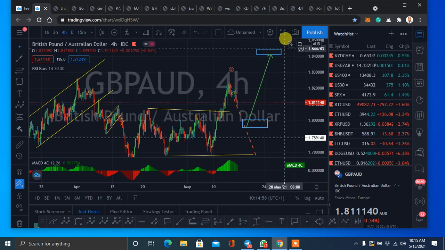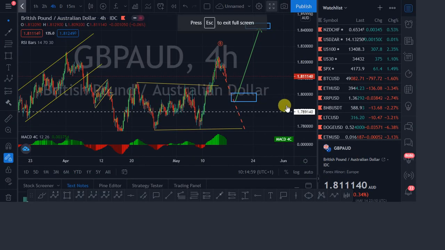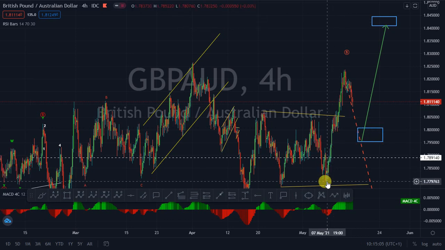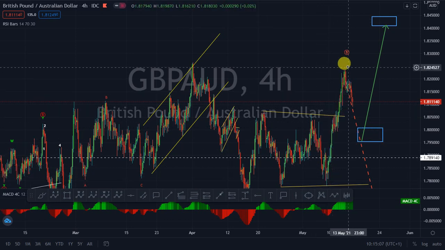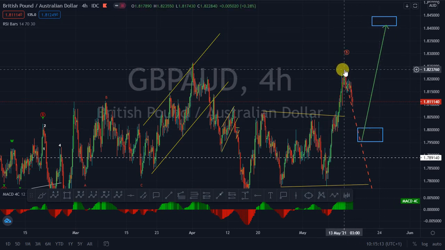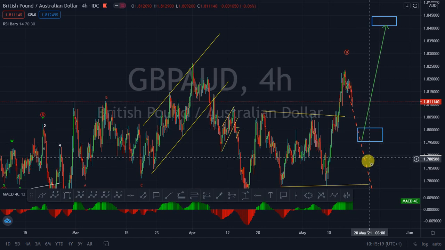Pound AUD. I am looking for this, and this. Alternatively, I am looking for a deep move.